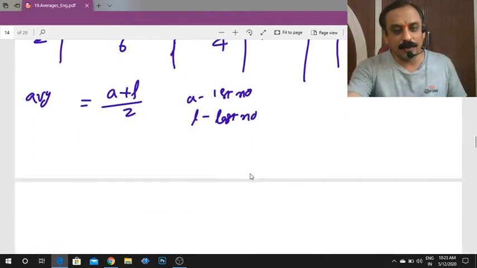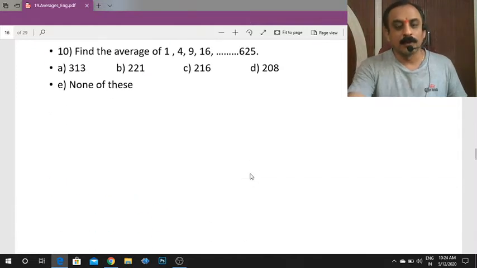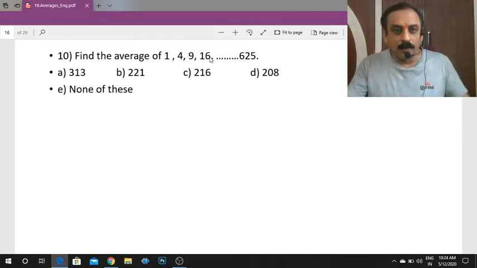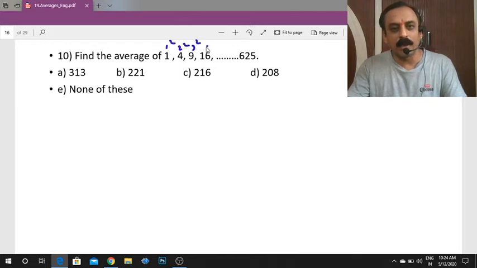Now see the next question. Find the average of 1, 4, 9, 16, 25. These are all perfect squares: 1 square, 2 square, 3 square, 4 square, 5 square. So now, tell me the formula.